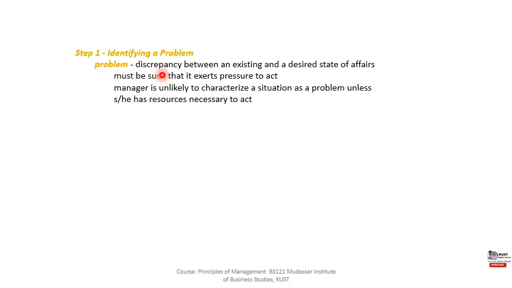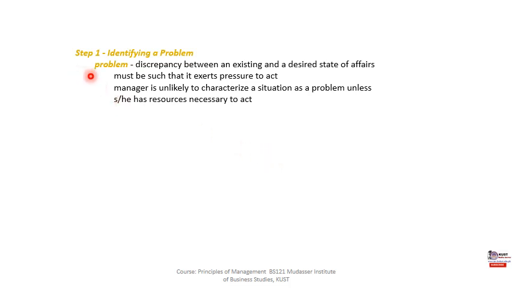The problem must be such that it exerts pressure to act. For example, the difference between what the company is actually achieving and what it wants to achieve is much more than what the company can accept as a difference value. Otherwise, we can say the problem is not that big.